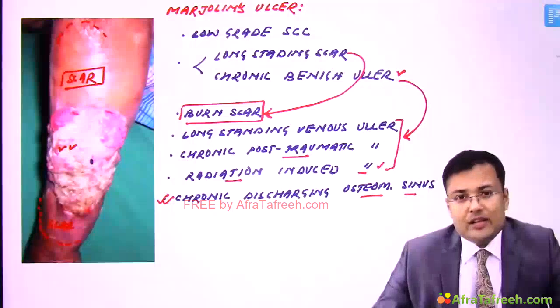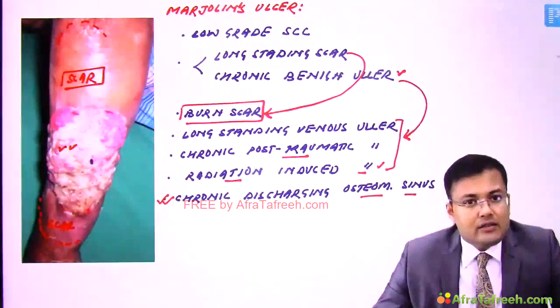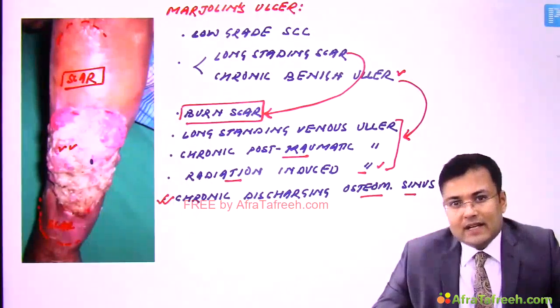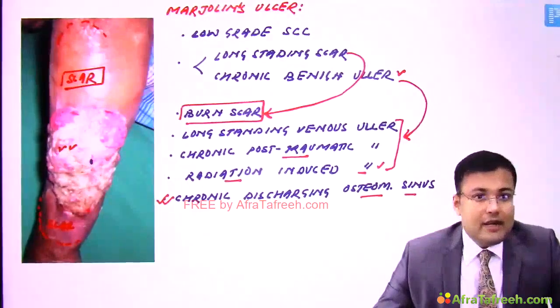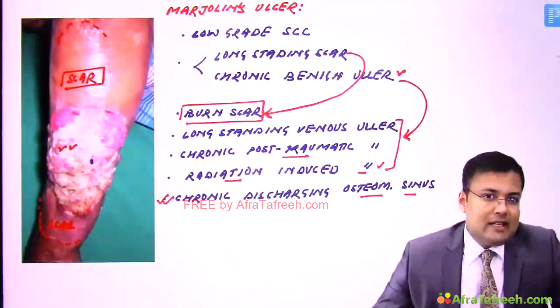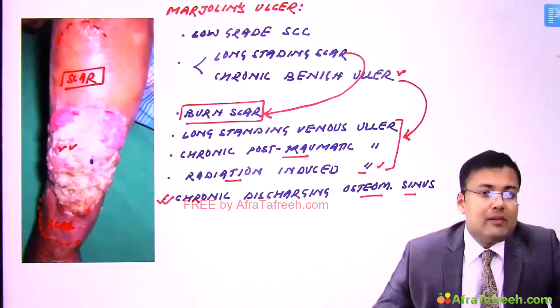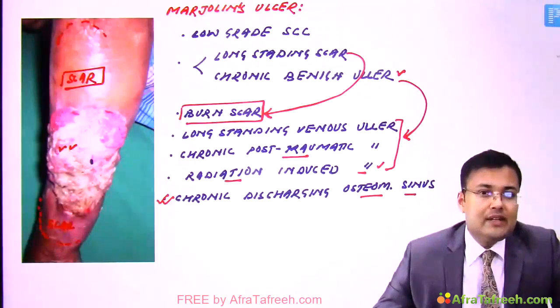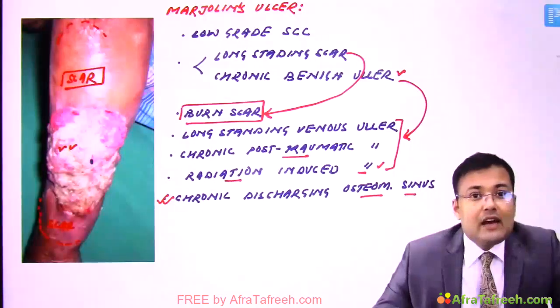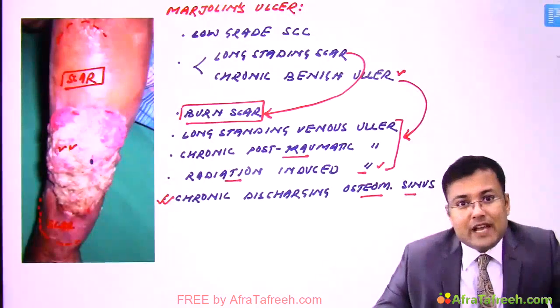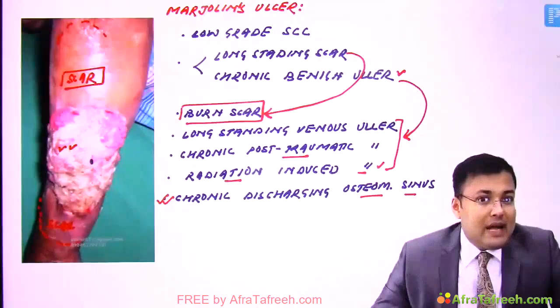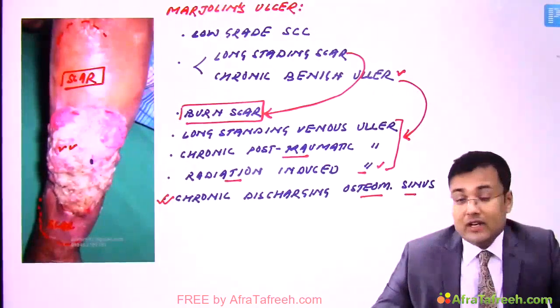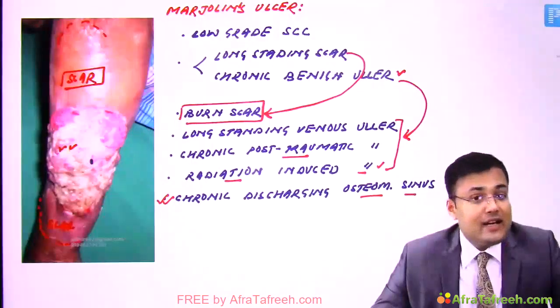So one basic thing is clear, that generally it arises from a long standing scar, and you know that in a scar, nerves, vessels and lymphatics are destroyed. So what will be the characteristic features of the ulcer? If there are no nerves, it means it will be painless. If there are no vessels, it means it is avascular. And if a malignancy is relatively avascular, it means it is slow growing and radio resistant.